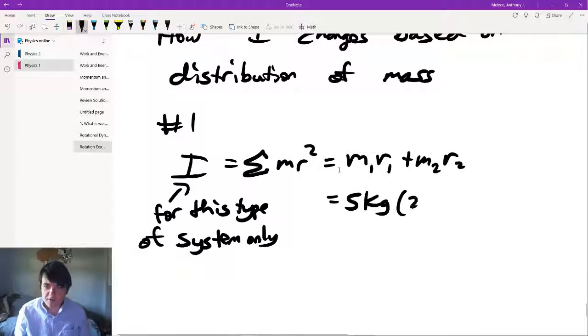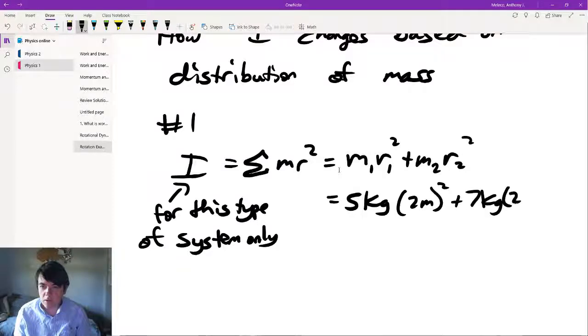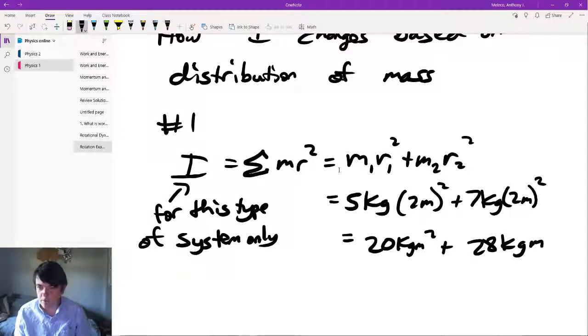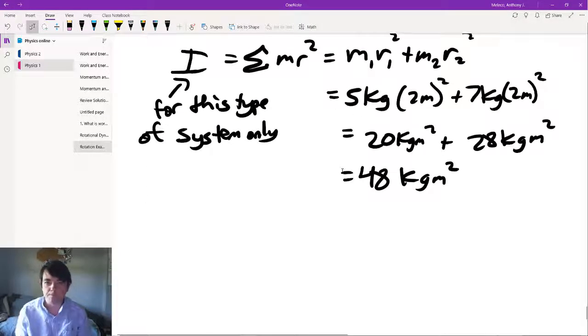So 5 kilograms, and it's 2 meters, squared, and then 7 kilograms, and it's also 2 meters. So you add that up: 4 times 5 is 20, and here it's going to be 4 times 7, so 28. The unit is kilogram meter squared. And this equals 40 kilogram meters squared. Okay, so that's scenario number 1.